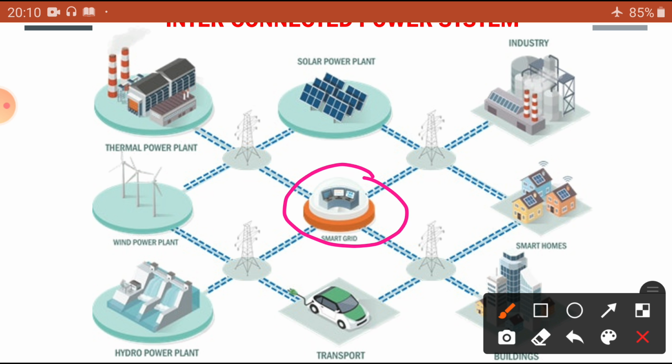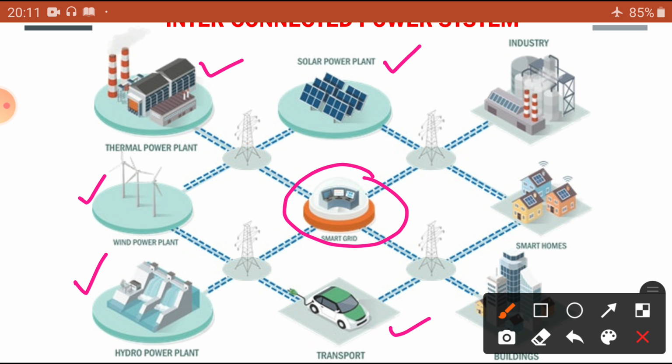What about the electrical energy generated from thermal power stations, wind power stations, hydro power stations and solar power stations, which is a non-conventional energy source, and as well as sometimes we can use the piezoelectric energy station, where, when the physical property changes in some crystallized materials, it is possible to induce an EMF in the circuit.